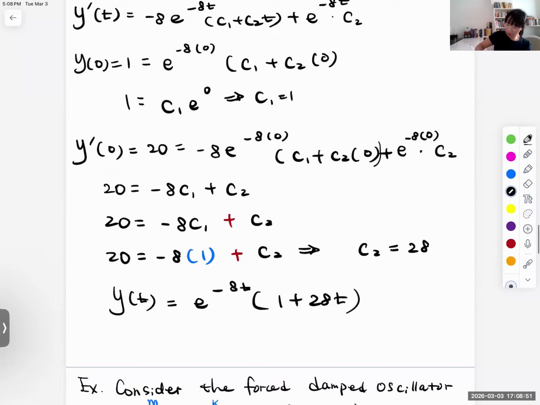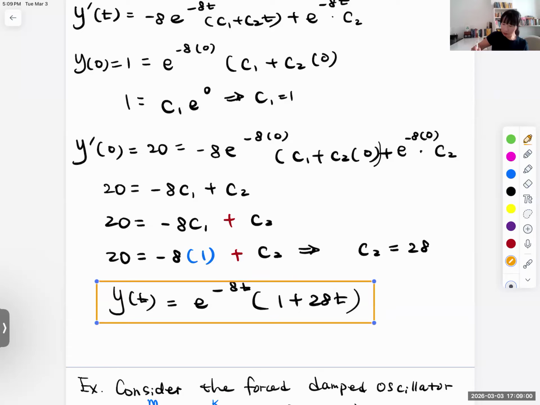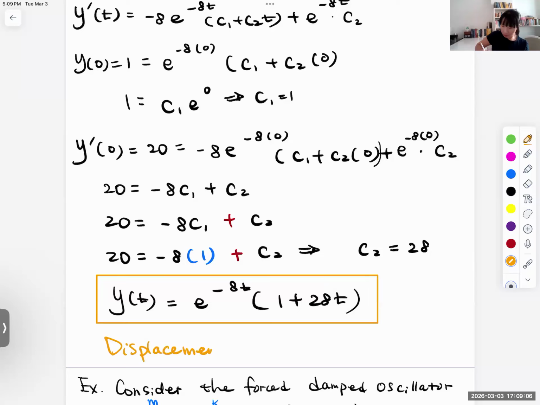So this is displacement in feet. Yeah, clear? Okay.